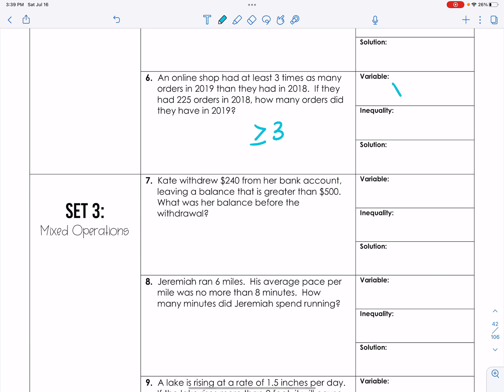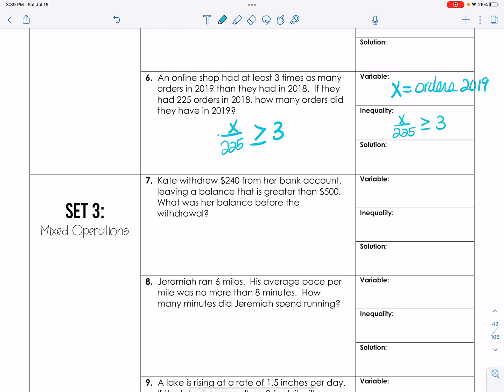So X is going to be my orders in 2019. My inequality is I'm going to take that and divide by 225, and that's got to be bigger than 3. That's kind of a hard one, okay?